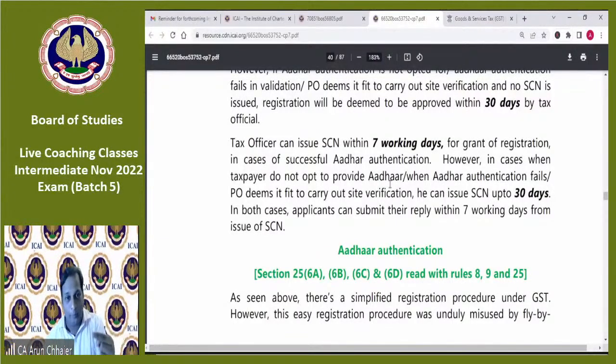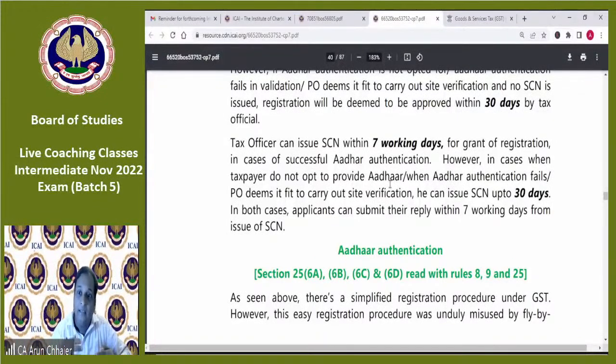Suppose you are the officer and you are issuing the notice to me for giving the reply. You will mention how much time I have to give the reply, or you are giving the opportunity of being heard, meaning before taking any action you would like to hear me. So you will give the date. There will always be a date, and time in case of the personal hearing.